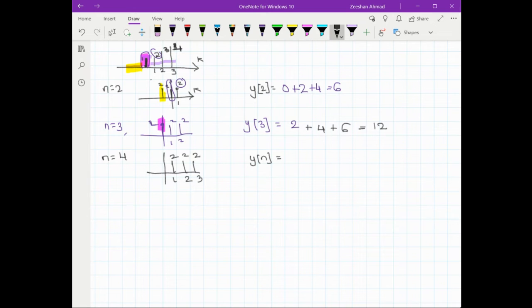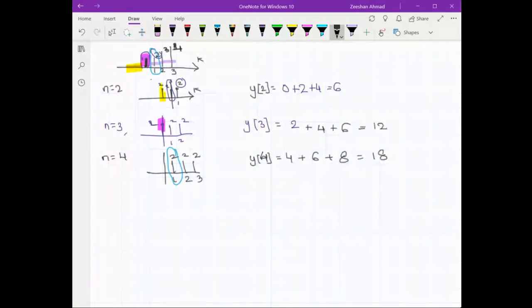Obviously n here is 4, so for y of 4, at 1 this is 2, this is 2 here. 2 multiplied by 2 will be 4, plus 2 multiplied by 3 will be 6, plus 2 multiplied by 4 will be 8. So 8 plus 6 plus 4 will become 18 here.